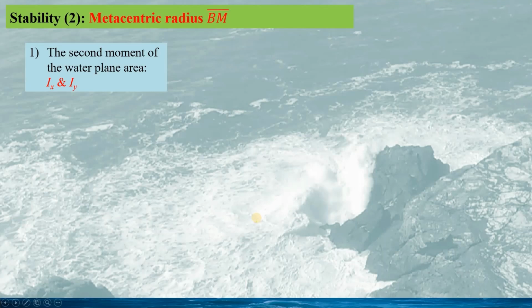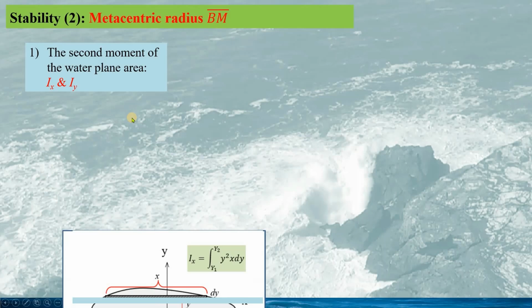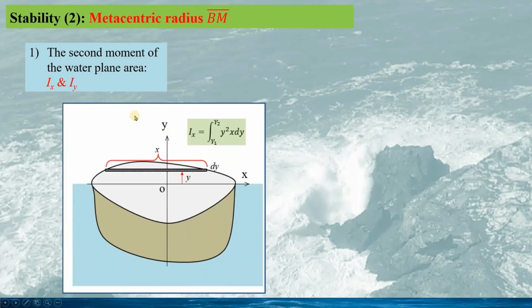For obtaining the Metacentre, we need to calculate the metacentric radius Bm. The first step is to calculate the second moment of the water plane area, Ix and Iy. Here, the plot shows how Ix can be calculated using this integral.